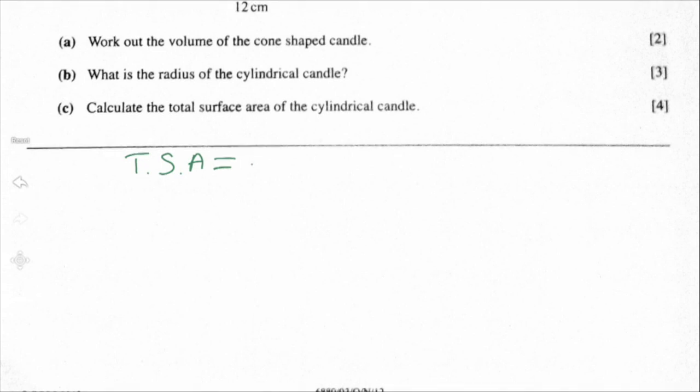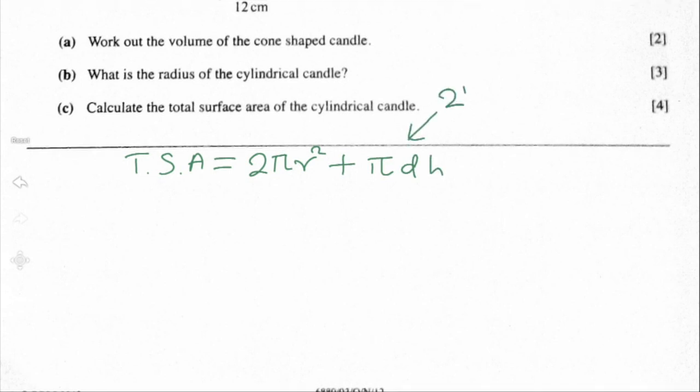Your formula will be 2 pi r squared if the cylinder is closed at both ends. It will be 2 pi r squared plus pi dh, or this term here, you can write it as 2 pi r h, because pi times diameter, which is the circumference, is the same as 2 pi r, because the diameter is 2 times the radius.